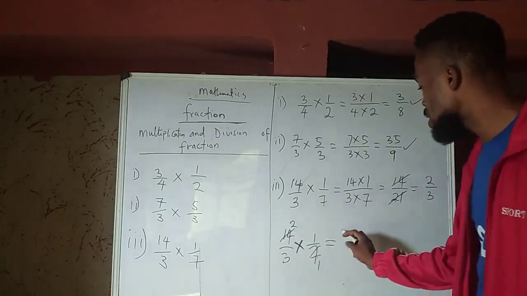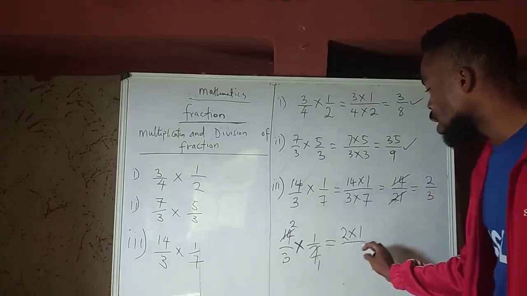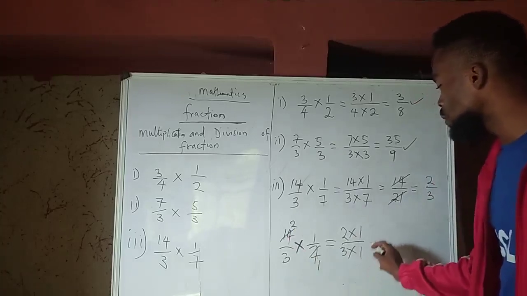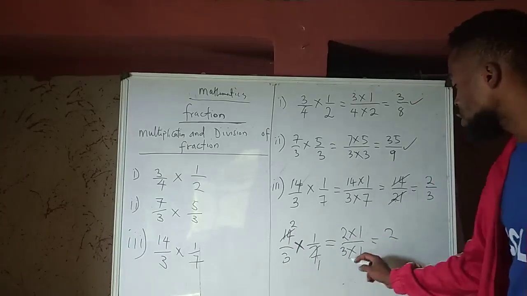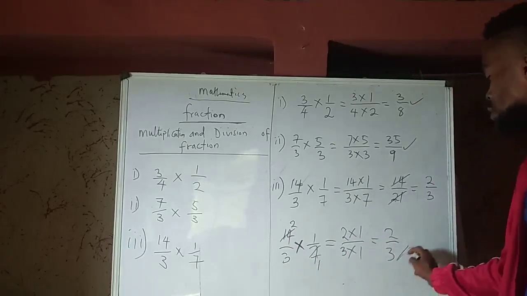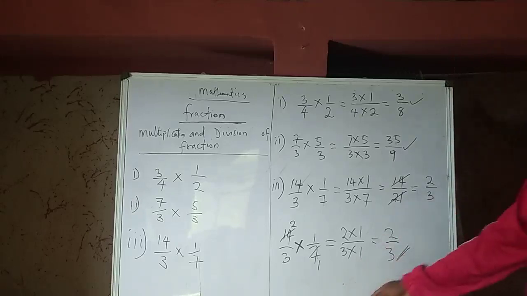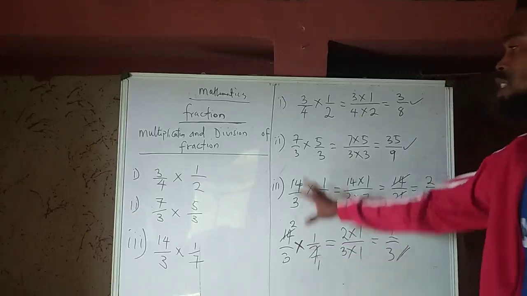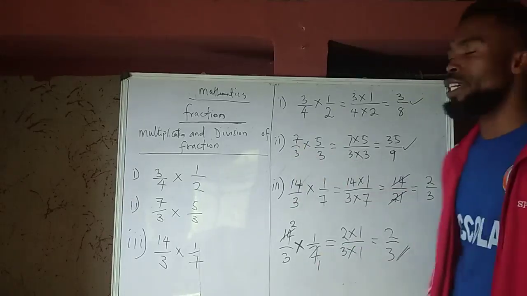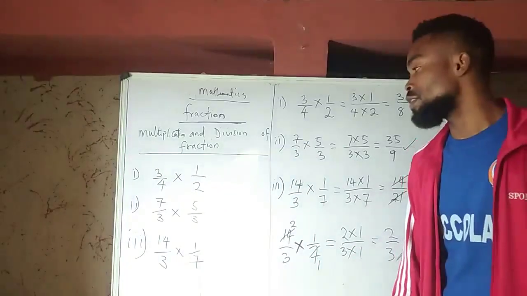So what I'm left with is 2 times 1 all over 3 times 1. 2 times 1 is 2, 3 times 1 is 3. So you see, I saved myself one step by doing this. So that's basically how you do multiplication in fractions.